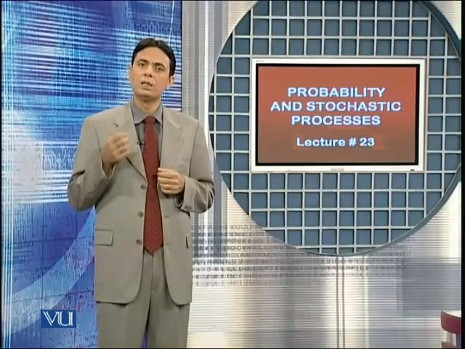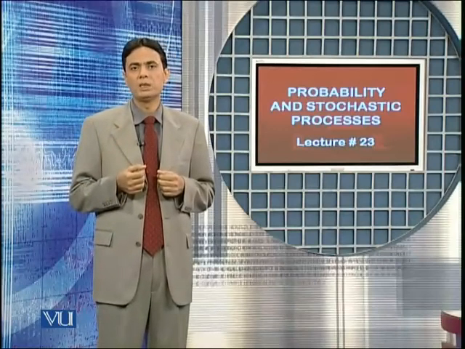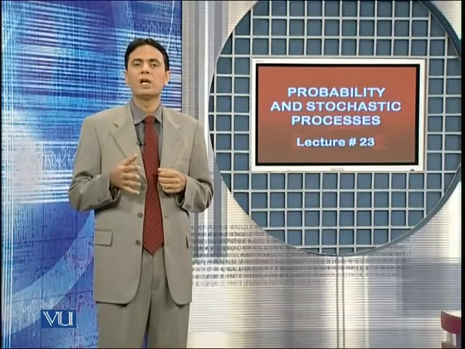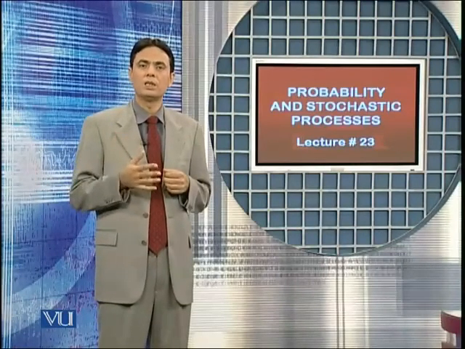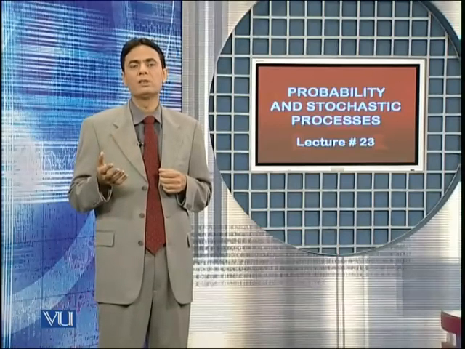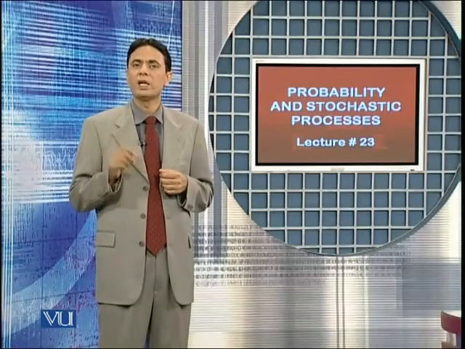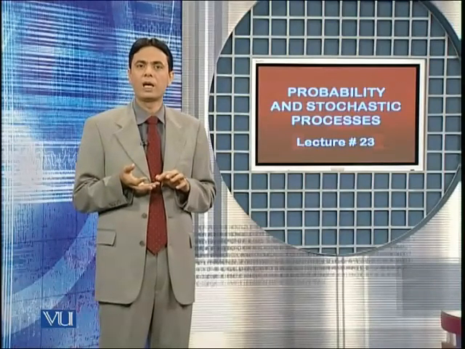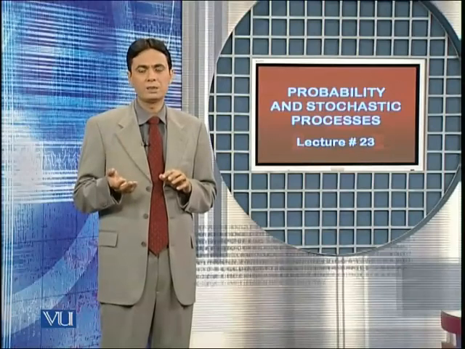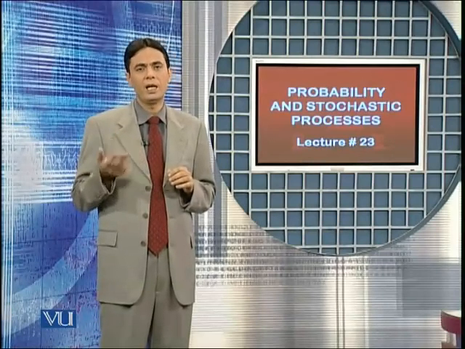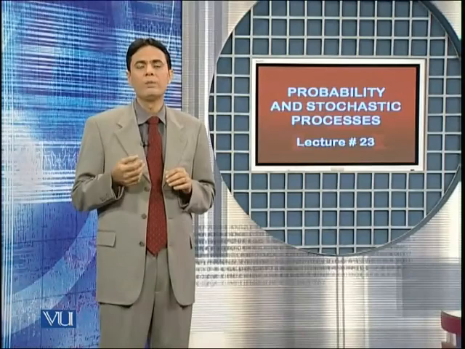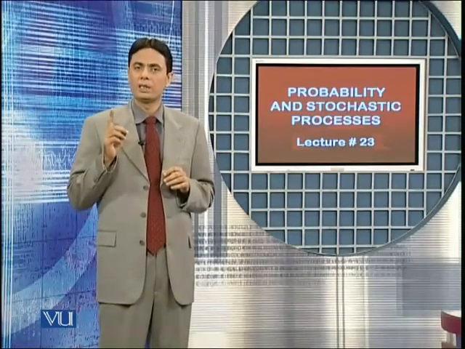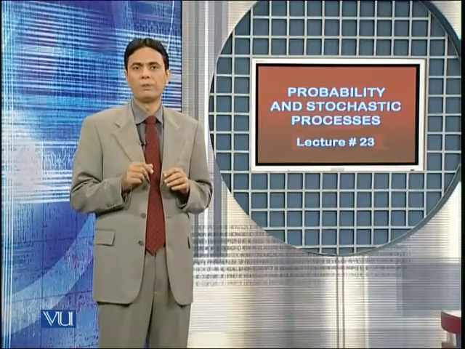But the question is, how do you find the joint PDF of two derived random variables? So far, we have been using the technique of finding the probability of derived random variables, one derived random variable at a time. So if we define u as y minus x and v as x plus y, then we can find the individual PDF of u and the individual PDF of v.